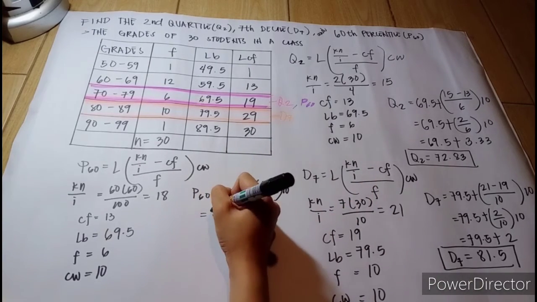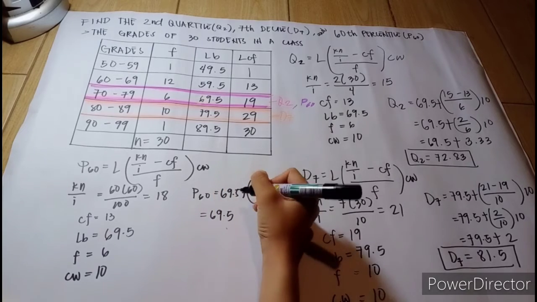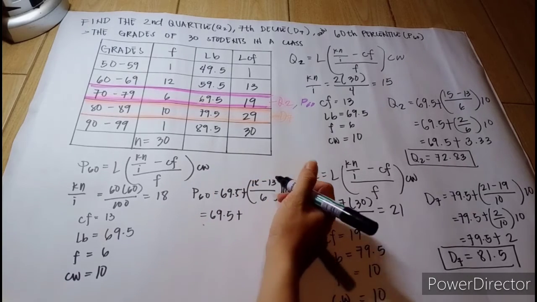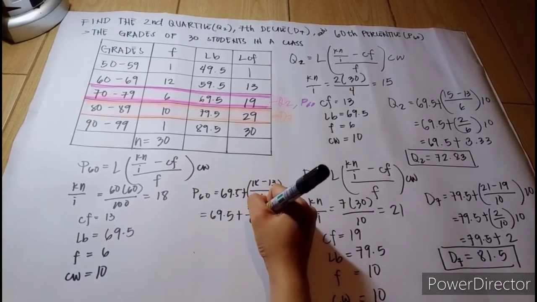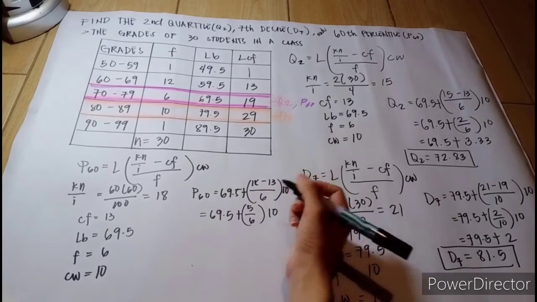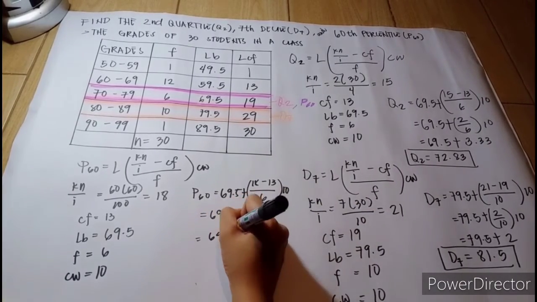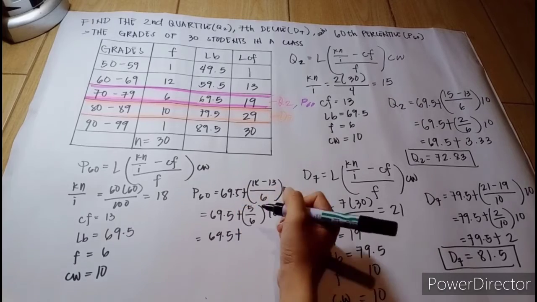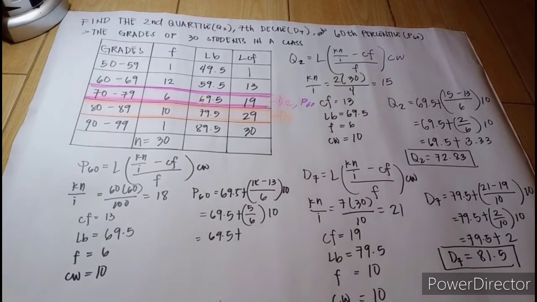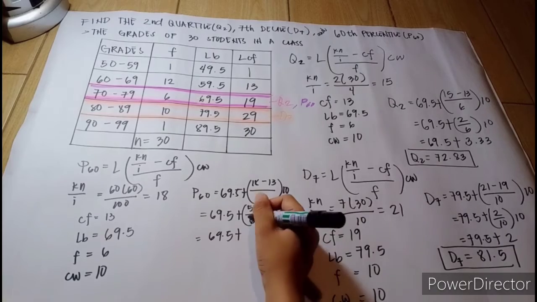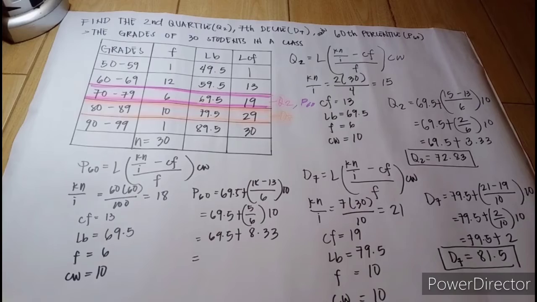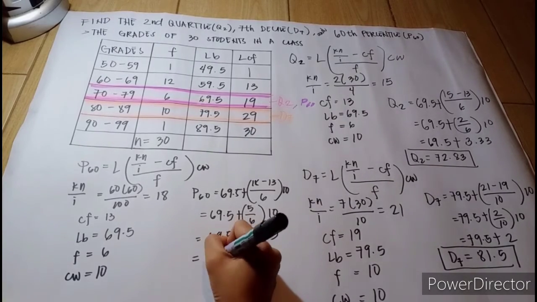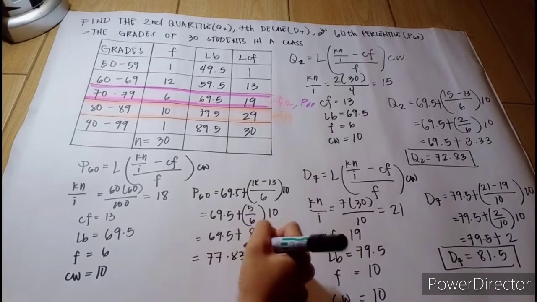So, 69.5 plus 18 minus 13, that is 5 over 6 times 10. 5 over 6 times 10, that is 8.33. 8.33 plus 69.5, the answer is 77.83.